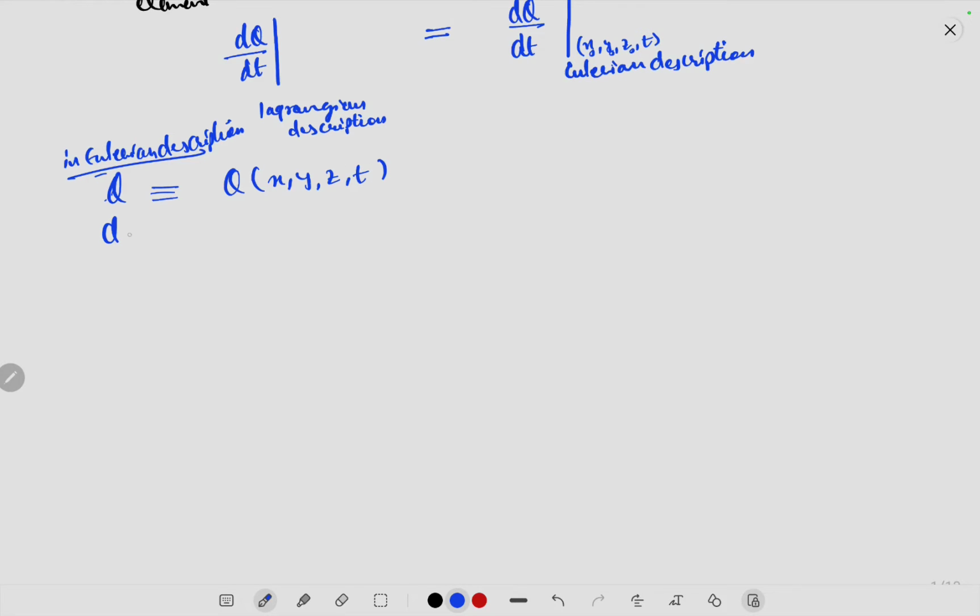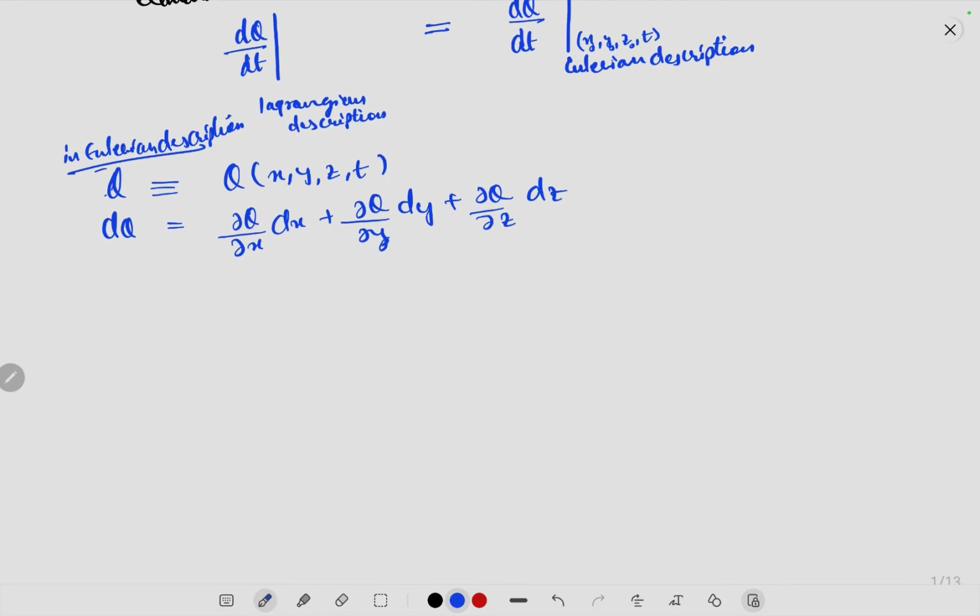Then we can use the chain rule to write this dq as del q by del x dx plus del q by del y dy plus del q by del z dz, because this q is dependent upon x, y, z and t.